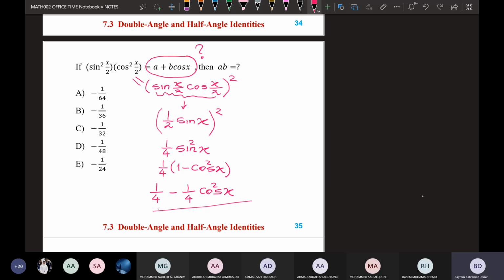So squaring makes it 1 over 4 times sine square x. If you change sine square x to 1 minus cosine square x, you get 1 over 4 minus 1 over 4 cosine square x.